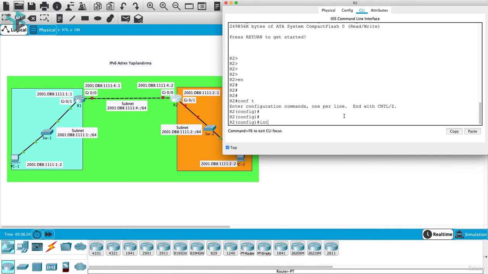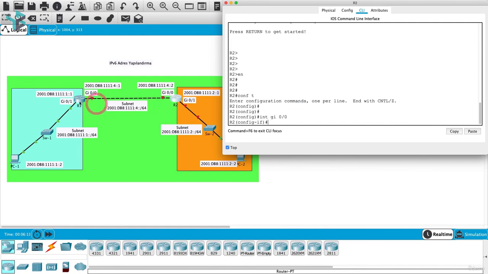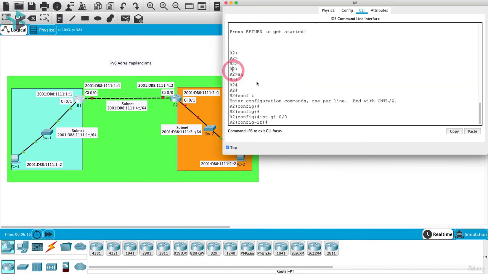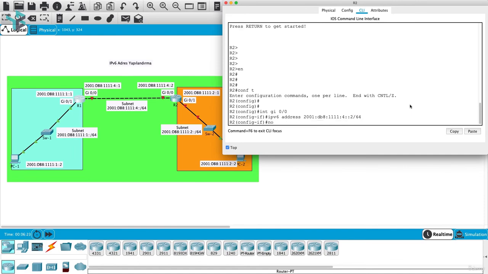Let's do interface gigabit 0/0 first. Let's copy the IP address from router 1 if you want. The IP of this one is 42:2. I say enter, I do no shutdown.